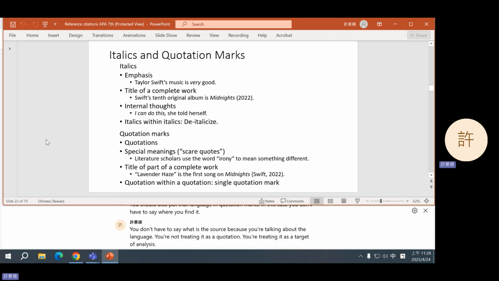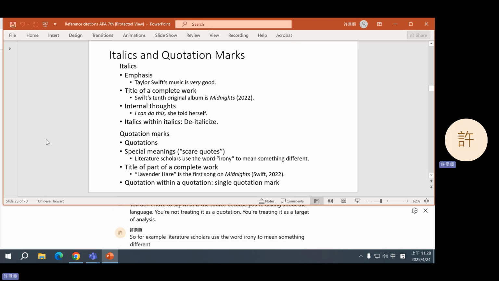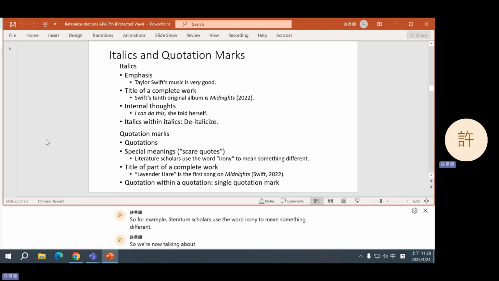这种引用方式不是把它当做人家讲过的话，是把它当做你要分析的对象。那个语言本身是你要分析的对象。So, for example, literature scholars use the word "irony" to mean something different. So we're now talking about this word, not the meaning. We're talking about the word.